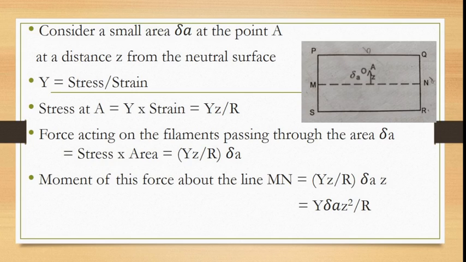So moment of the force about the line MN is equal to YZ by R into delta A into Z. So multiplying and rearranging, we have Y into delta A into Z square by R as the moment of the force about the line MN.